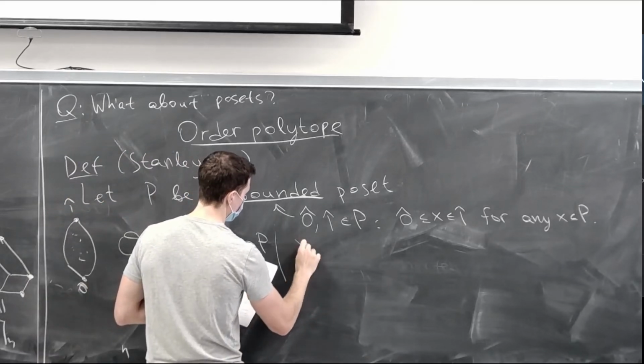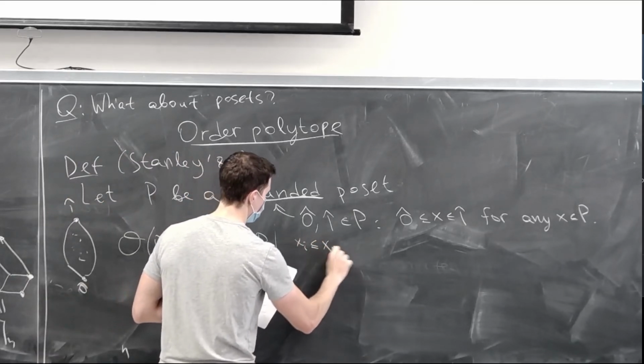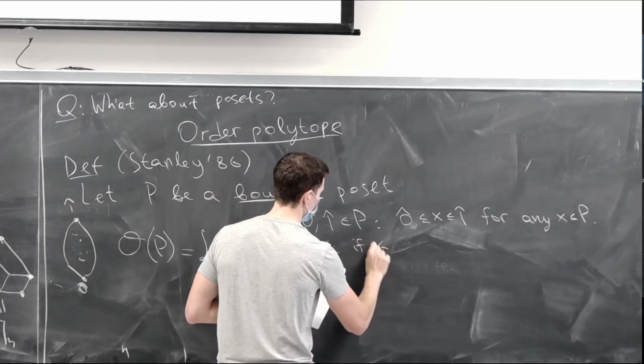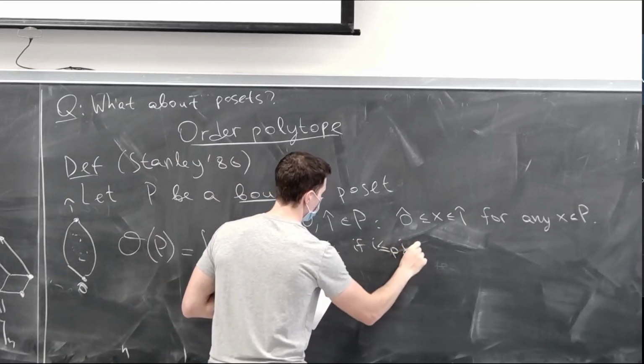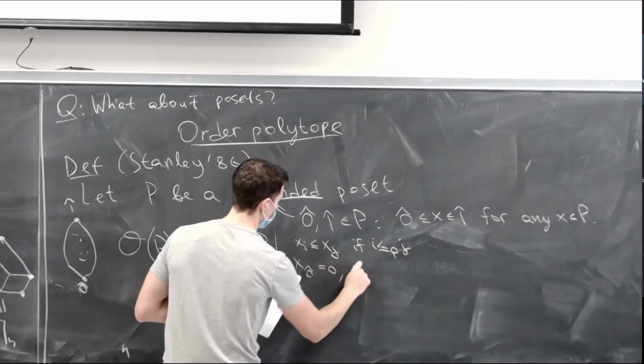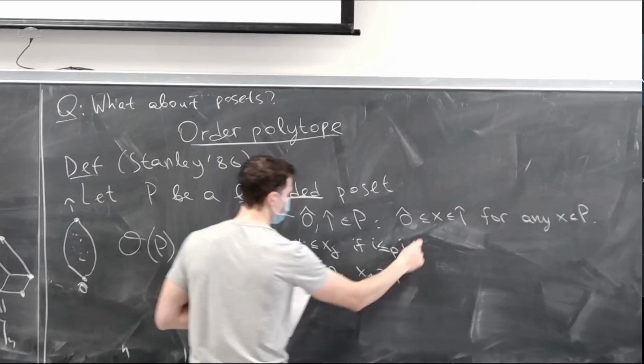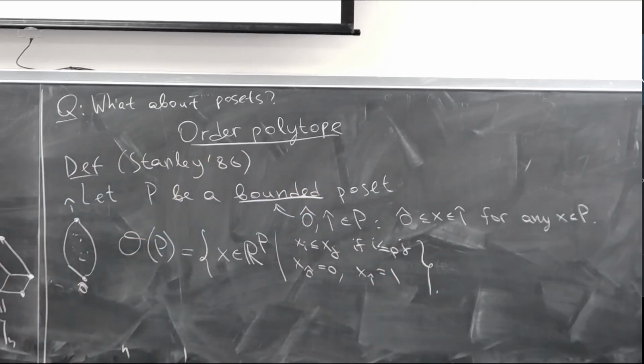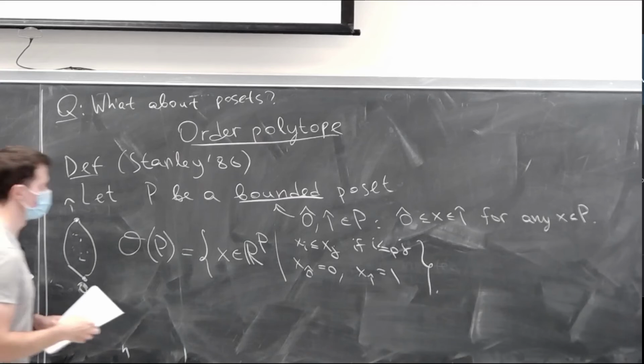The condition I want is that xi is less than or equal to xj if i is less than or equal to j in my poset, and x0 hat is 0, and x1 hat is 1. So you put 0 here and 1 here, and then you want the labeling to be weakly increasing along the poset. That's the definition.